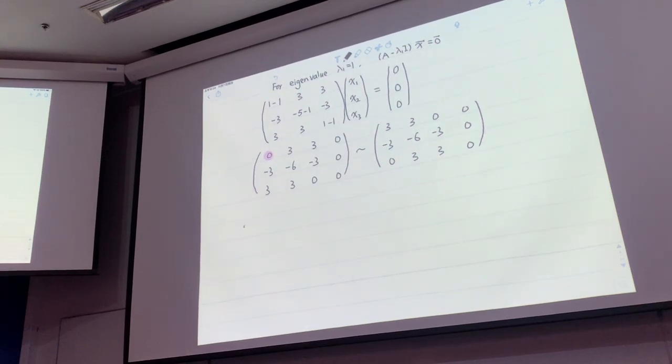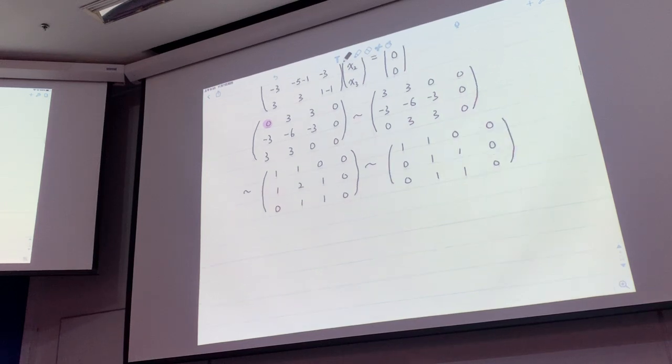And then we do the scaling. Then the second row also the same. So 1, 1, 0, 0, 1, 1, 0, 0, 0. We got this one.